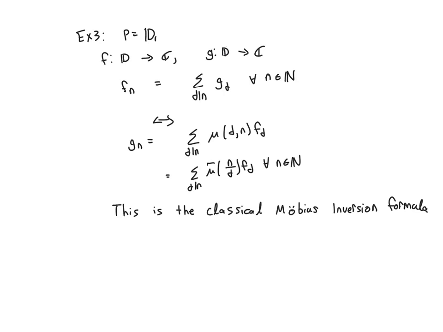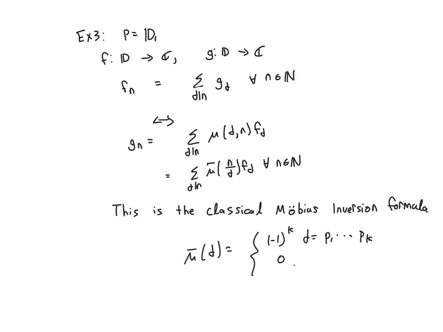Mu of d, n is by definition mu of n over d, where this is the classical Mobius function I've mentioned before. Mu of d is -1 to the k when d is a product of k distinct primes, and otherwise it's 0.